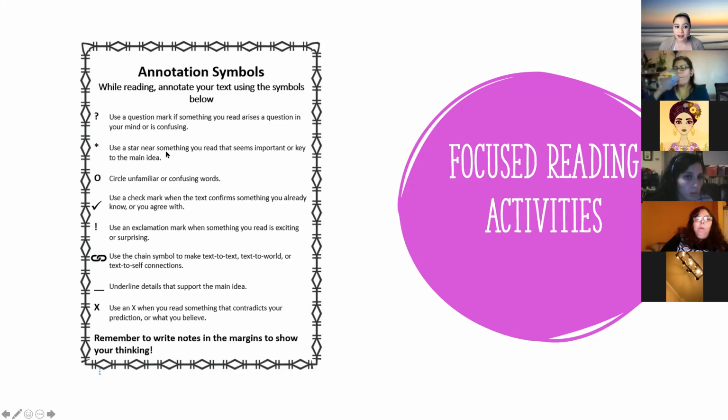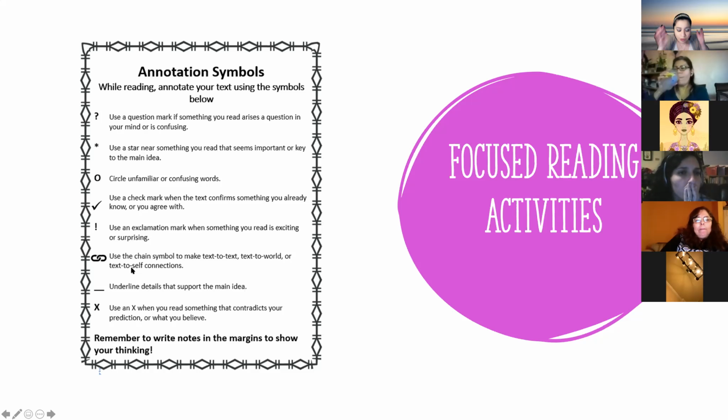They can use a star if something is important or the main idea, and circle unfamiliar or confusing words. So you have them do a full annotation of the chapter or of 2 pages, and that way you can go and check to see if they've been engaged in focused reading, and maybe answer some of their questions.